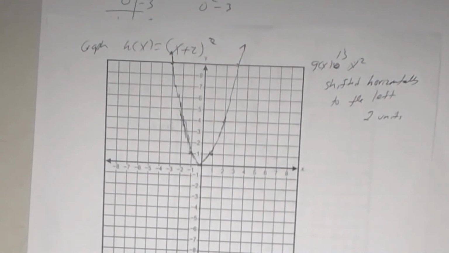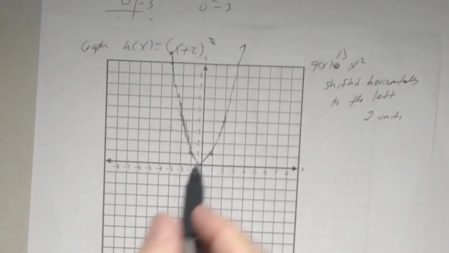And all you do is take those 5 points, or in this case 6 points, and you move them to the left 2 units. Once you recognize that, that's easy. But you have to recognize it's a horizontal shift first, and which way and how many units.